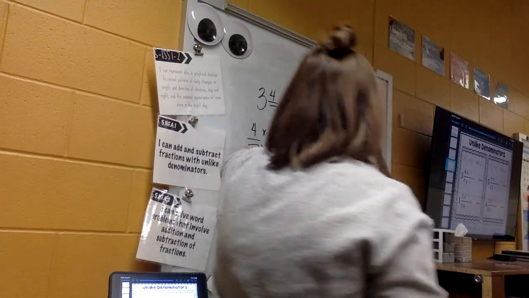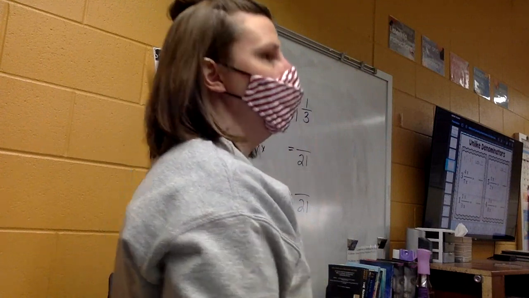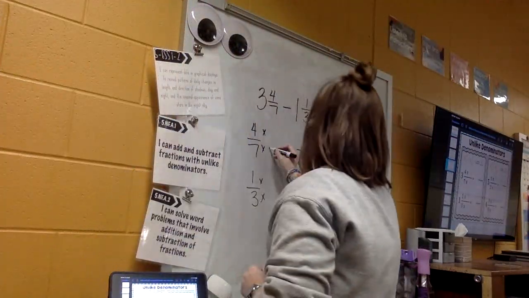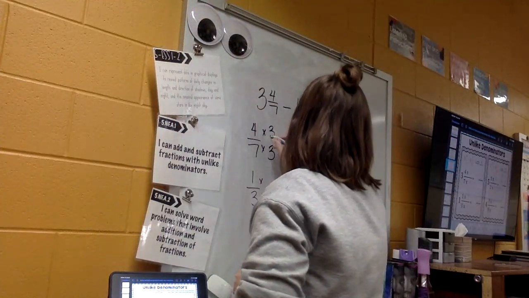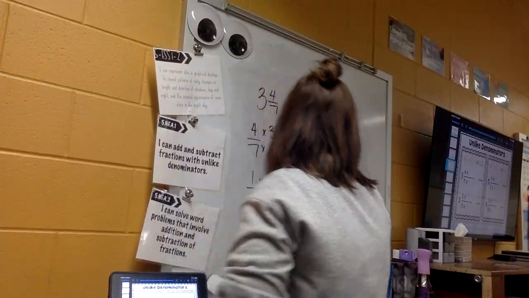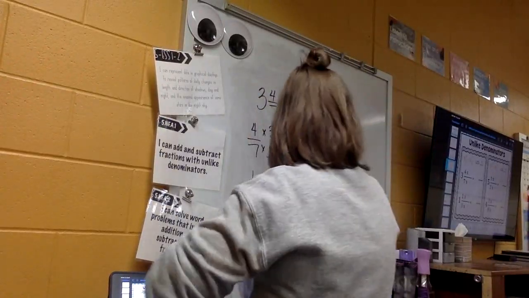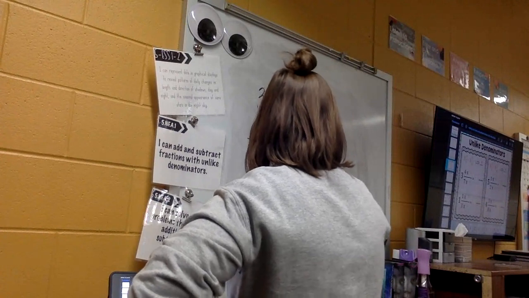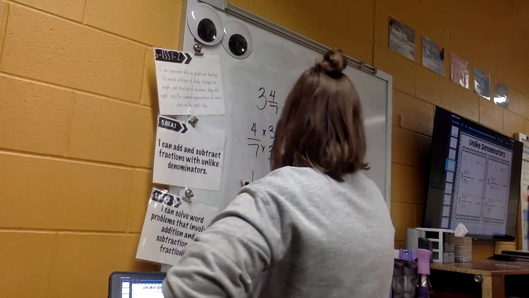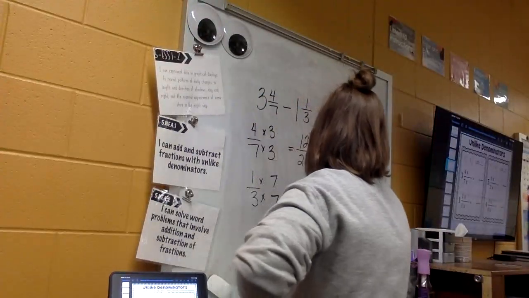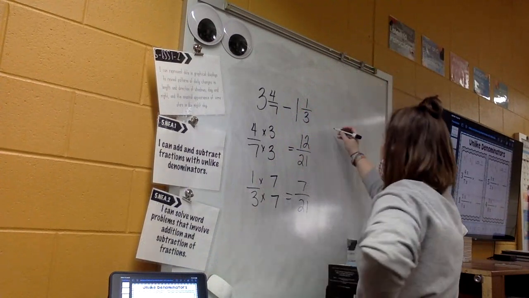All right. 7 times what gives me 21? Whatever I do to the bottom, I do to the top. What's my new numerator here? 12. 3 times what will give me 21? 7. 1 times 7? 7.